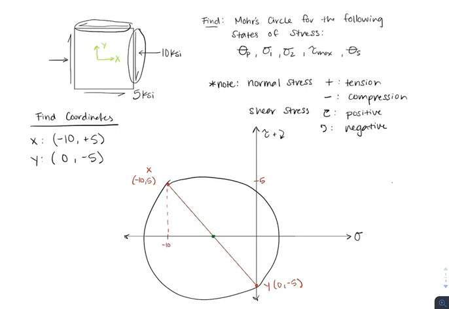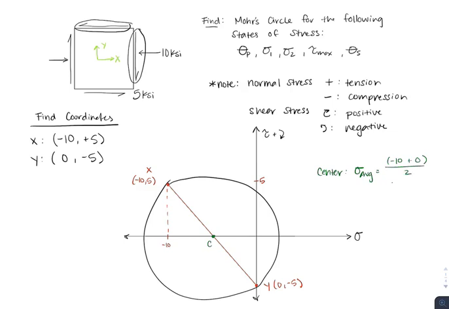Before we solve for our principal stresses, we need to figure out where the center point is on our Mohr circle. I'm just going to denote that by calling it C. The equation for our center is the average stress in our stress block, which is equal to negative 10, since that's the normal stress in our x point, plus 0, since we don't have any normal stress in our y point, all of that over 2.